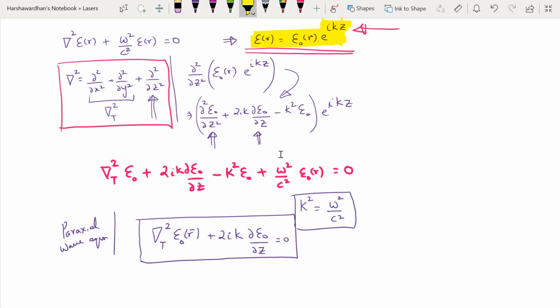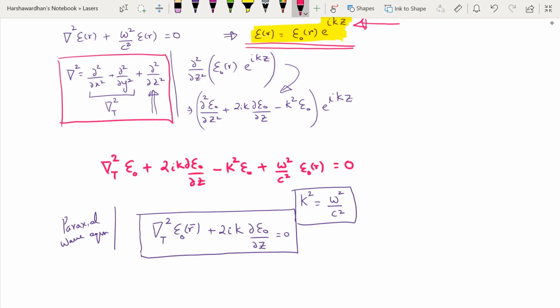You can check this for yourself at home, and what we get is an expression of this kind. We have the following derivatives with respect to z. Remember that our E naught of r is actually a function of x, y, z, and we have made the slowly varying envelope approximation, which has to do with its dependence along the z direction.